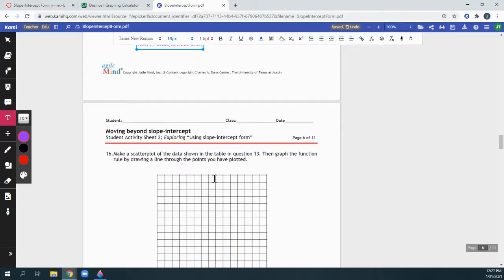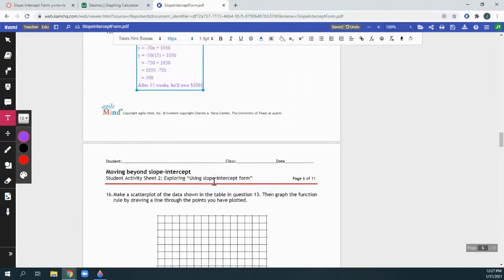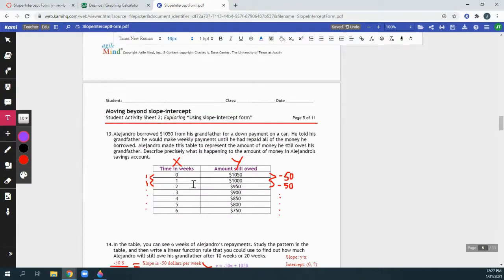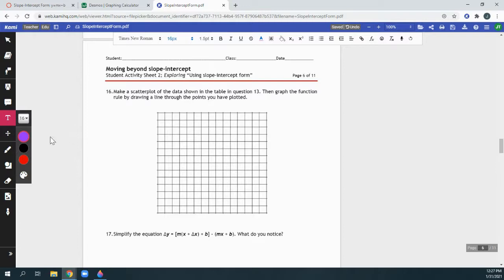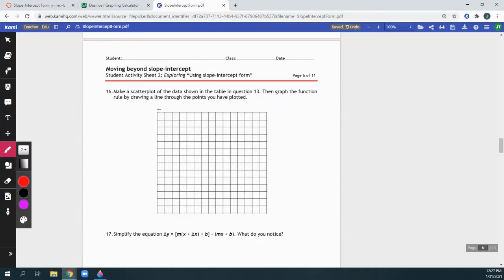All right, make a scatter plot to show the data in question number 13. Okay, we're starting at 0, so I'm not going to bother with negative numbers for my x. That means that I'm going to make a graph that looks like this. It's going to have the y-axis be right here.